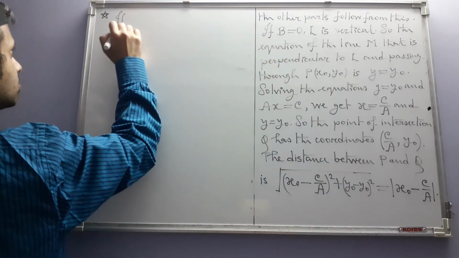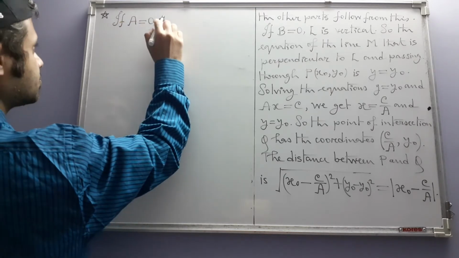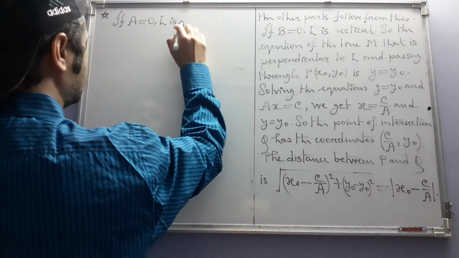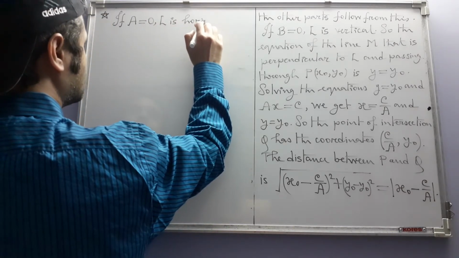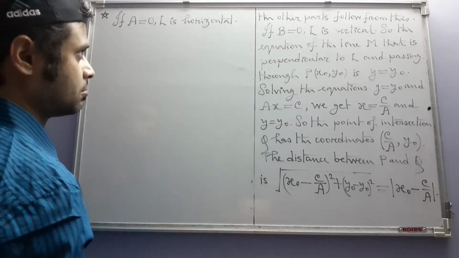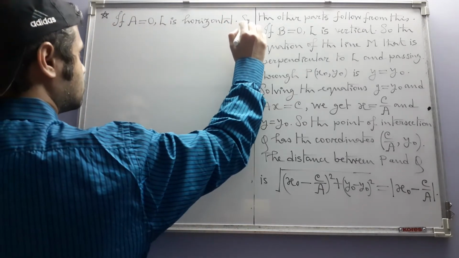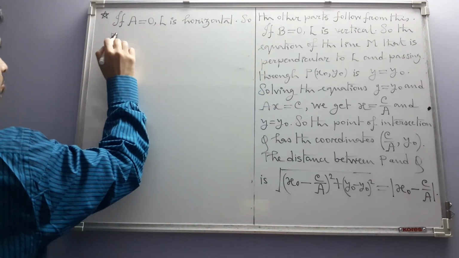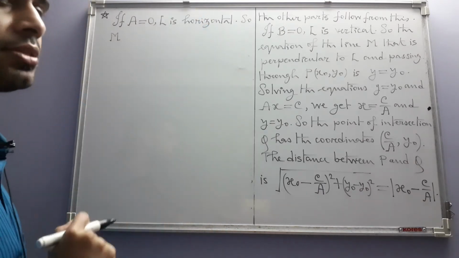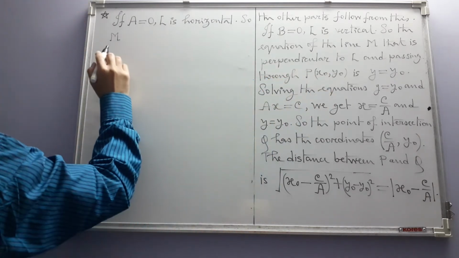If a is equal to 0, L is horizontal. So m, which has to be perpendicular to L, now m is vertical and m passes through the point P, x naught comma y naught.